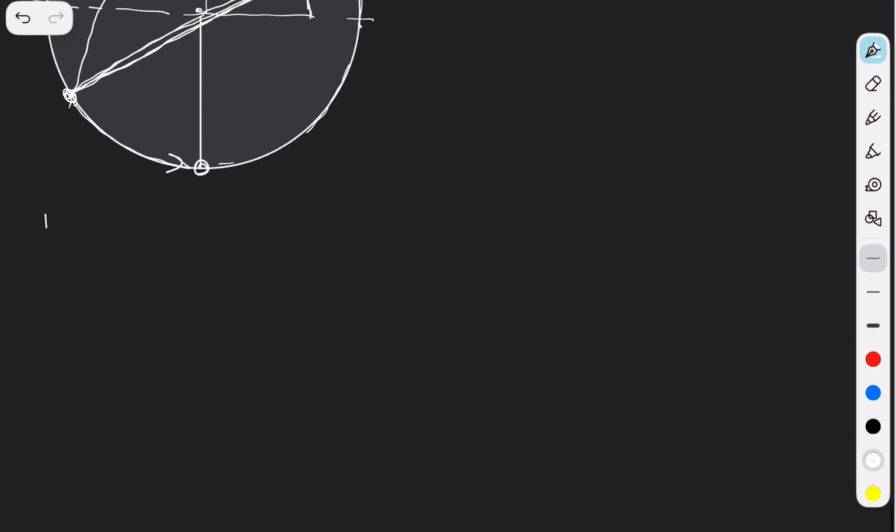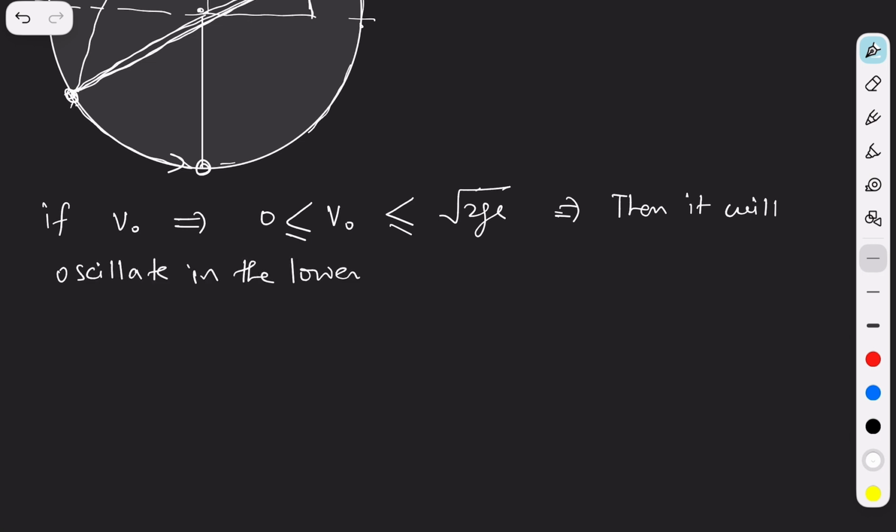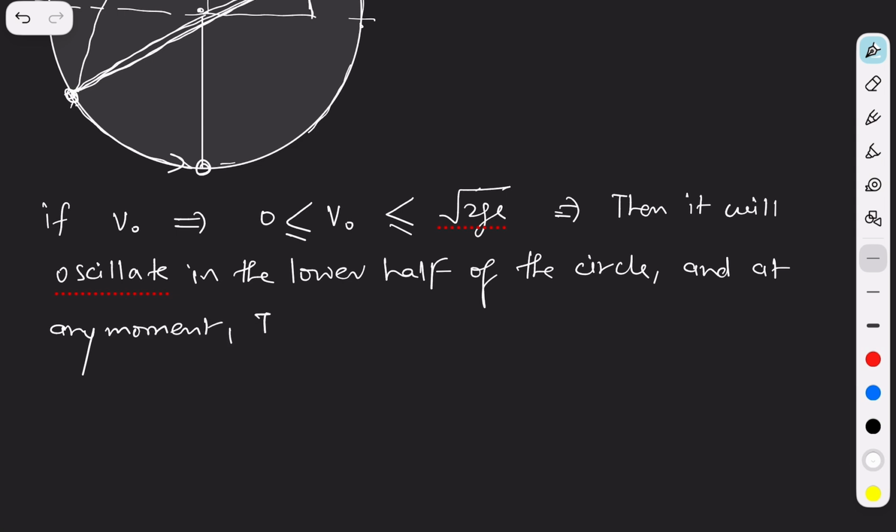If the velocity v naught is greater than or equal to 0 and less than or equal to root 2 gl, then it will oscillate in the lower half of the circle, and at any moment the tension will not be zero.